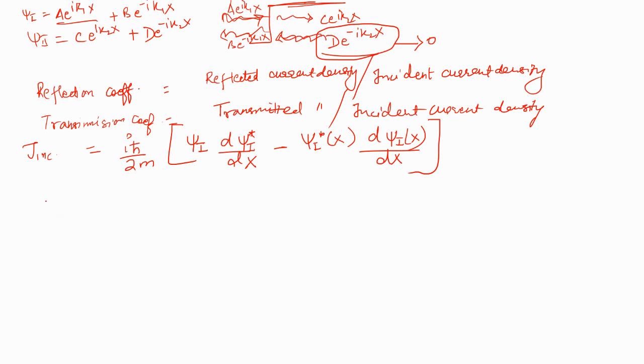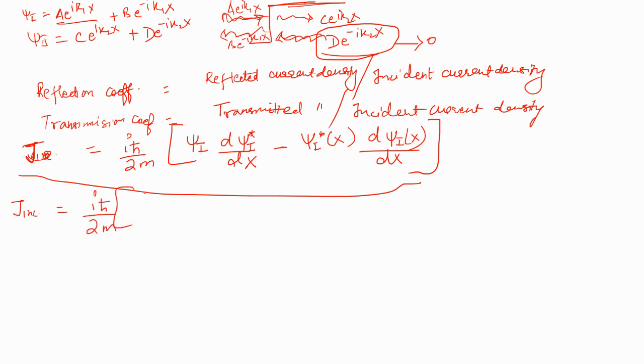So this is the general formula to find out the current density of anything. Now if you want to find it for the incident one, you write iota h cross upon 2m psi for the incident wave. What is the wave function? The wave function is a e raised to the power iota k1x. Psi incident is equal to a e raised to the power iota k1x.